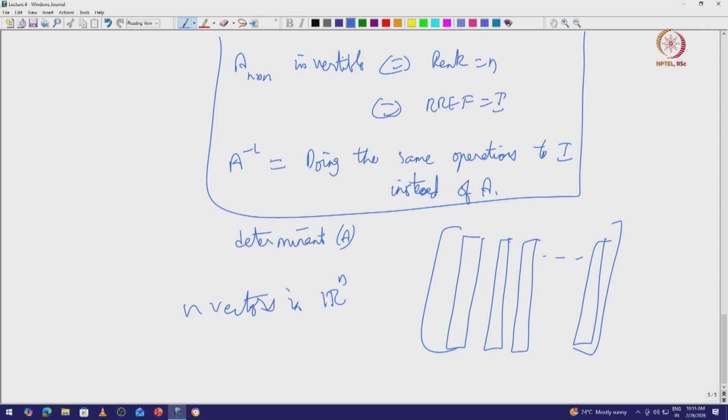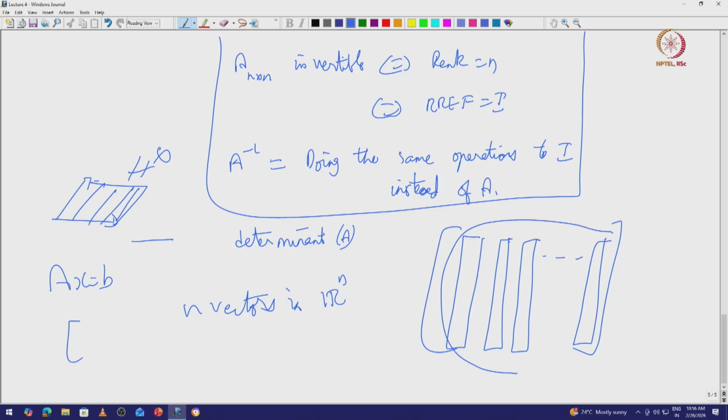For example, had they been in R2, they would have formed 2 vectors, right? Now the point is, if you want to be able to solve Ax equals B, the area of this parallelogram must be non-zero. Why? Because if the area is 0, then the parallelogram becomes a line, meaning the row space of that 2 by 2 matrix will be one dimensional, because one of them will be proportional to the other. That's how a parallelogram will become a line, right? And if the row space is one dimensional, we know it's not invertible.